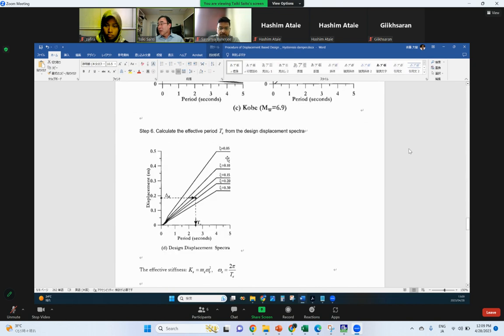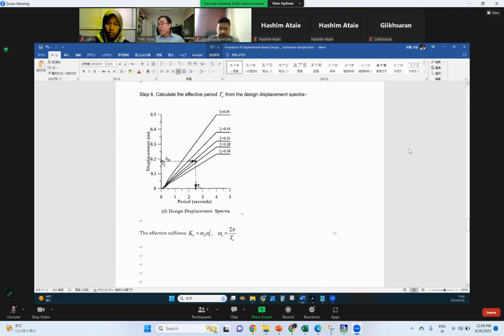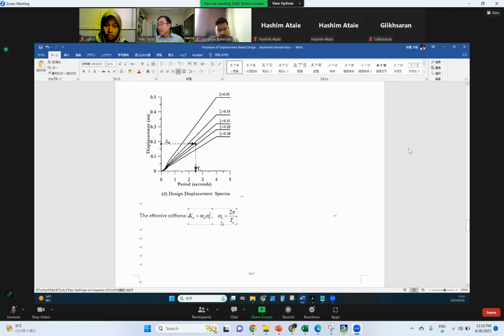spectrum. But anyway, if we know the damping factor, for example about 20%, and if we know the target deformation, we can get the equivalent period T. And from this equivalent period, we can get the equivalent omega, the circular frequency. Then we can get the effective stiffness.